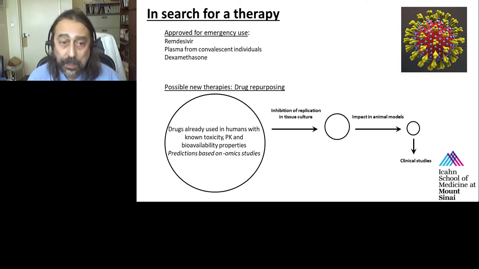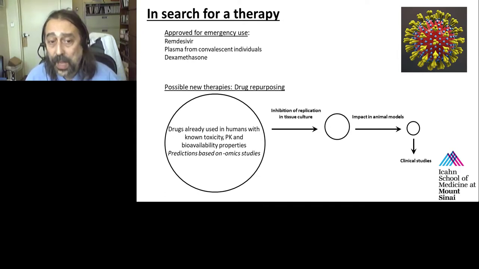Dexamethasone is an immunomodulator, an immunosuppressor that reduces the exacerbated immune response that happens in some cases of severe infection. And all of these factors have been shown to have some efficacy, some ability to ameliorate disease, but this doesn't happen in all the patients, and they are also not completely, 100% effective. So we still need some new antivirals.